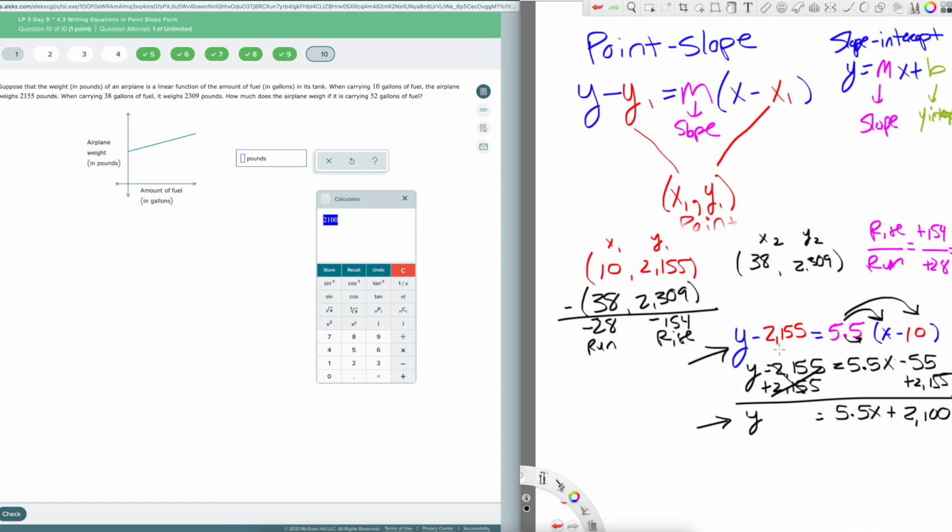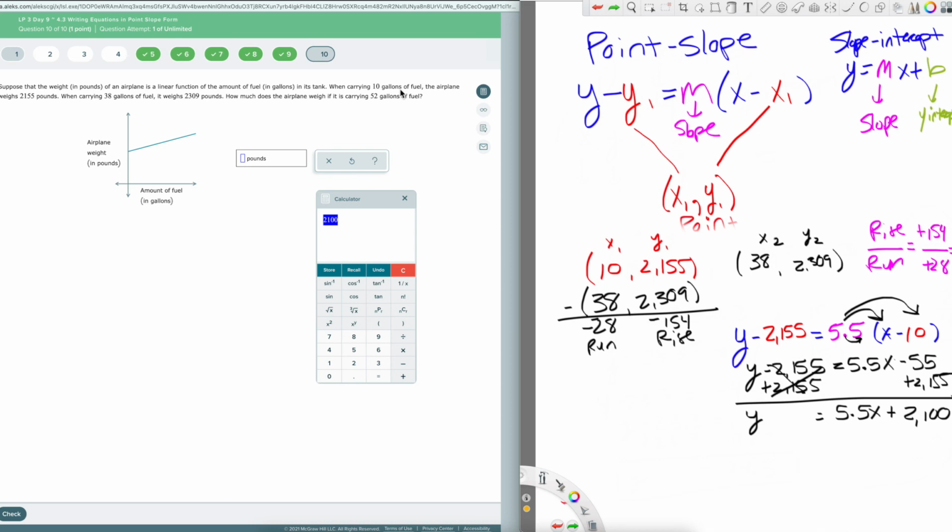All right, so now I'm going to start dealing with this 52, because they're not asking me to write an equation, but I should know I need to write an equation to do this problem. I have to write that equation to move forward.